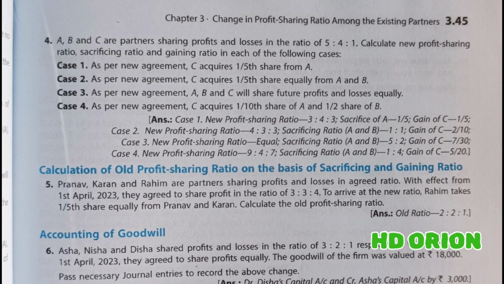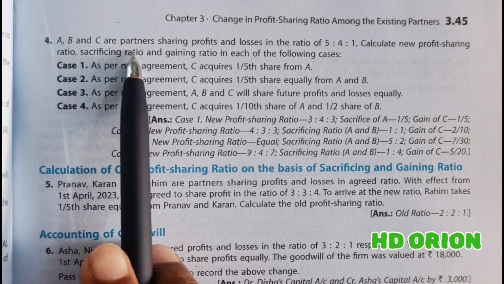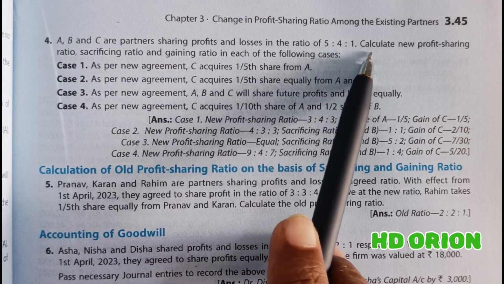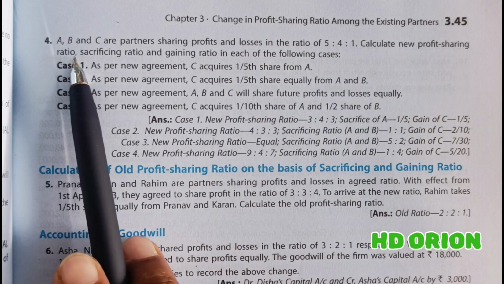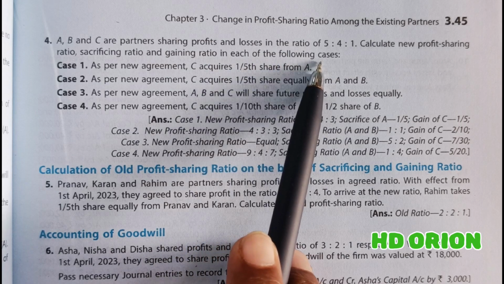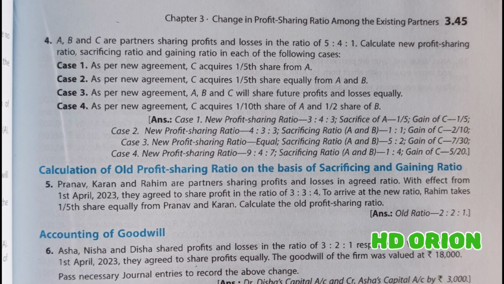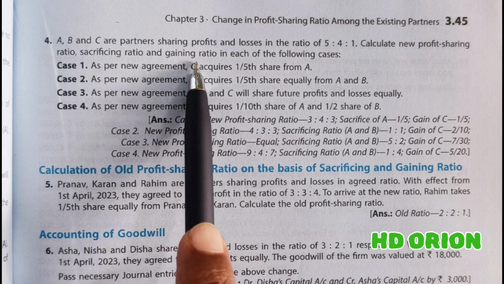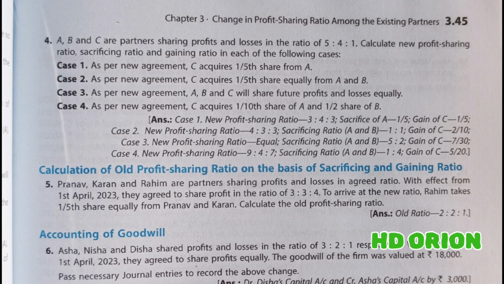Now let us see question number 4. A, B and C are partners sharing profits and losses in the ratio of 5:4:1. Calculate the new profit sharing ratio, sacrificing ratio and gaining ratio in each of the following cases. There are 4 cases given here.